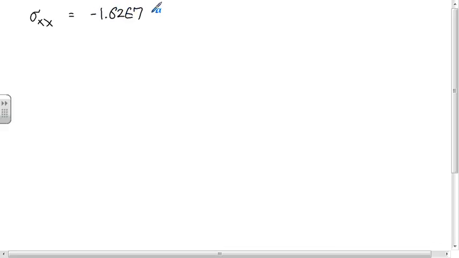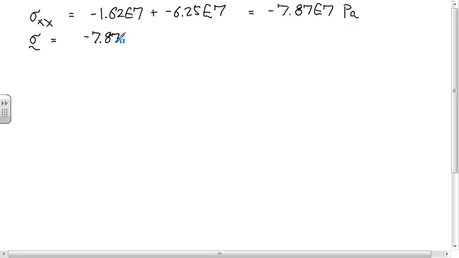That's the one from tension. Plus negative 6.25 times 10 to the 7. So negative 7.87 times 10 to the 7. And so the final stress tensor is equal to negative 7.87 times 10 to the 7th, and zeros everywhere else.